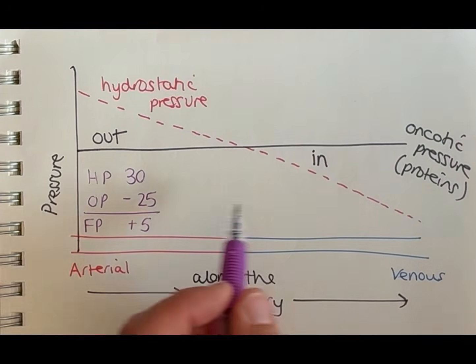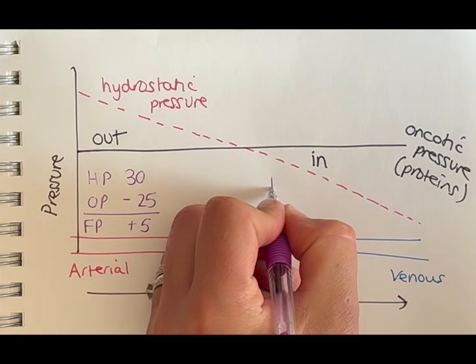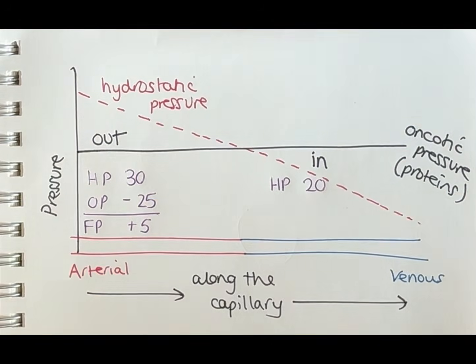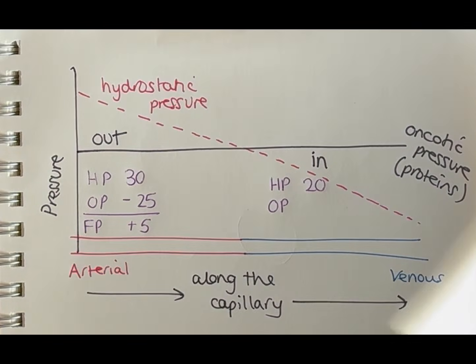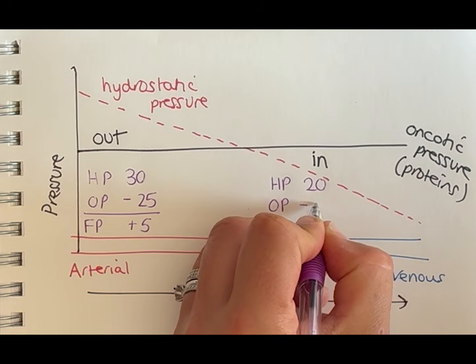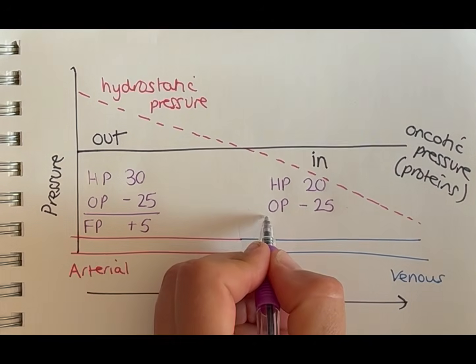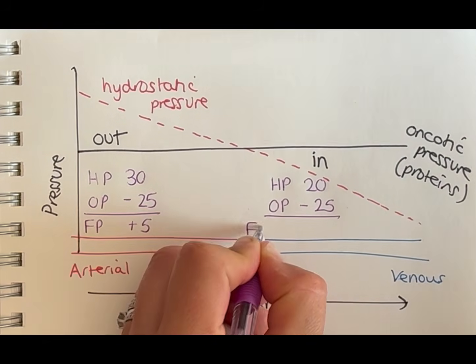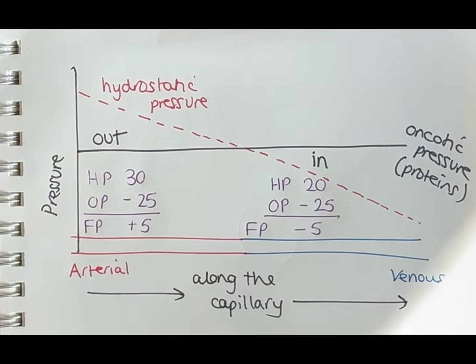But as I've mentioned, as we move along the capillary to the venous end, the hydrostatic pressure will decrease. So let's say it decreases to 20. The oncotic pressure, this osmotic pressure caused by the proteins, will remain the same at minus 25 because the proteins aren't going anywhere. They're too big to move through the endothelial walls. And so overall, this filtration pressure is now minus 5, so it's going in the opposite direction.